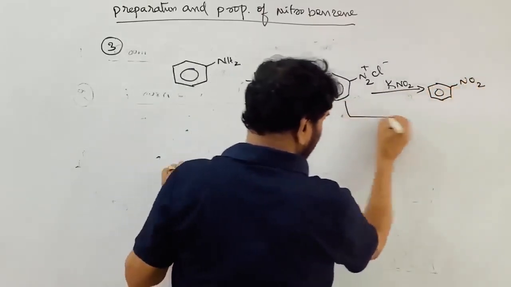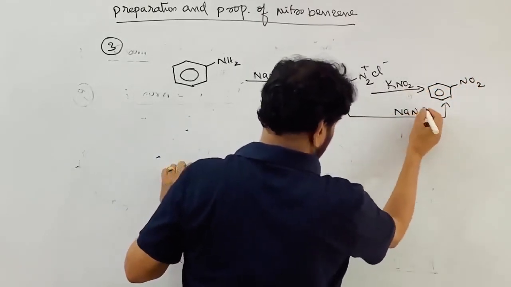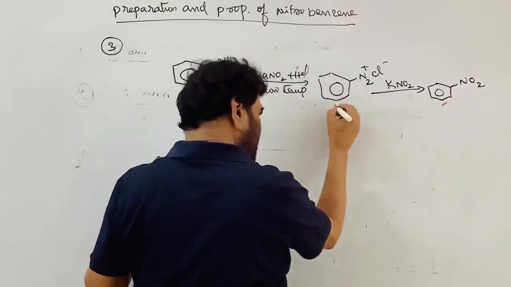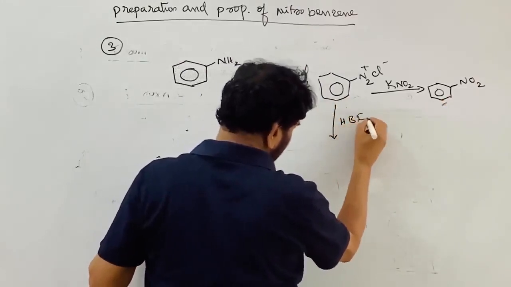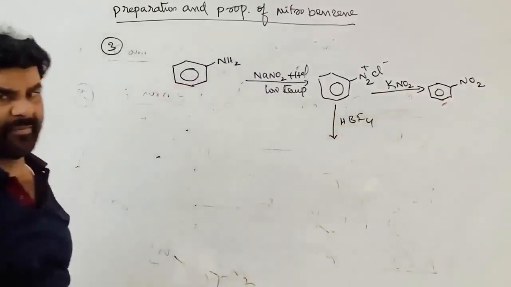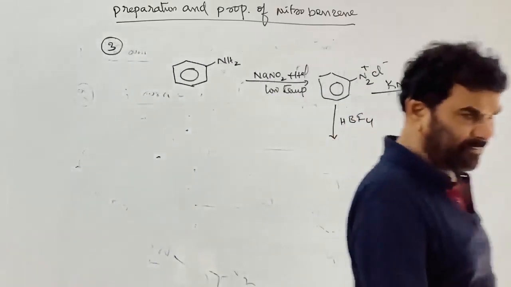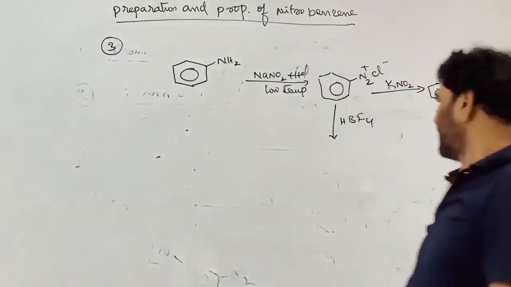Or this is treated with sodium nitrite or potassium nitrite, a well-known example. Or this is treated with fluoroboric acid, a BF3 plus HF mixture, which is nothing but hydrogen fluoroborate acid.